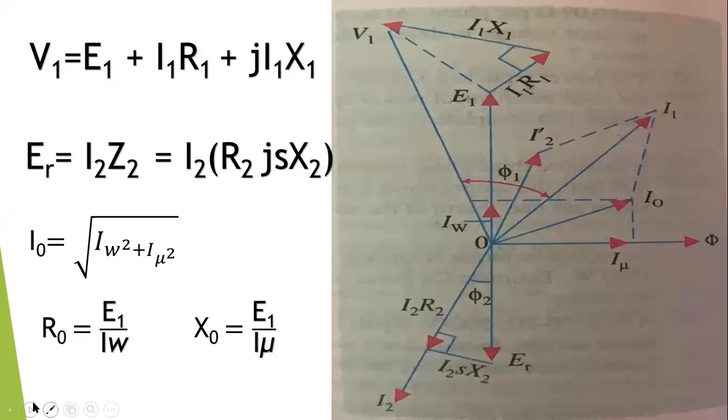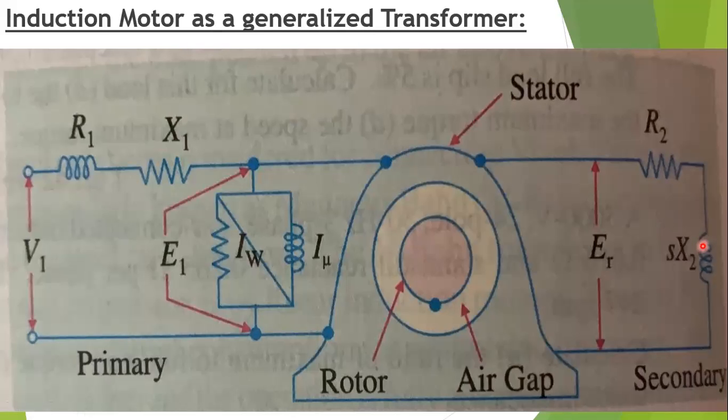In the same way, you have to deduce the secondary equation. What is the main voltage here? In the secondary equation, the source voltage becomes the rotor EMF, ER. So ER is equal to I2 R2 plus j into I2 sX2, right? These two are the voltage drops.